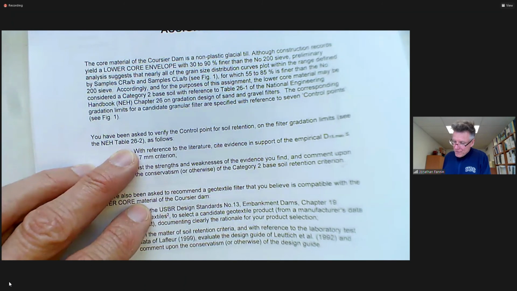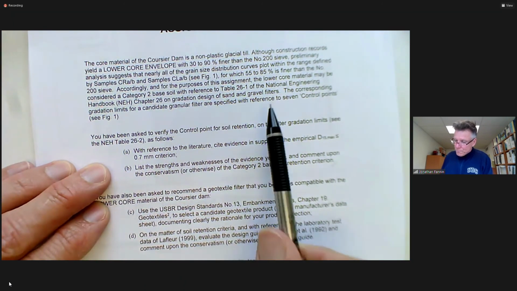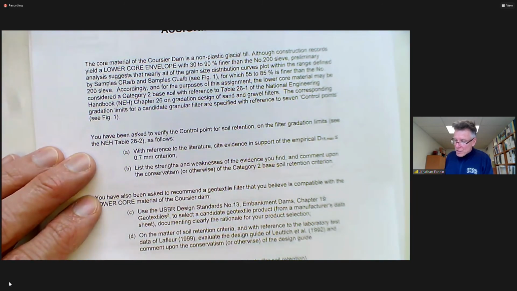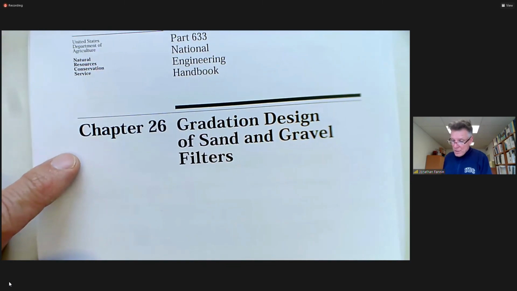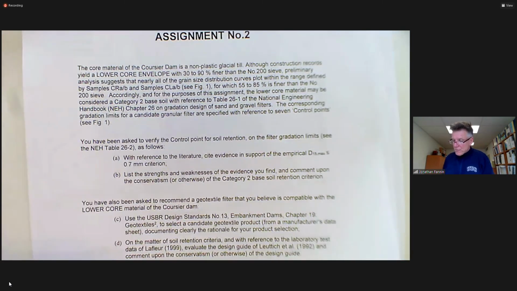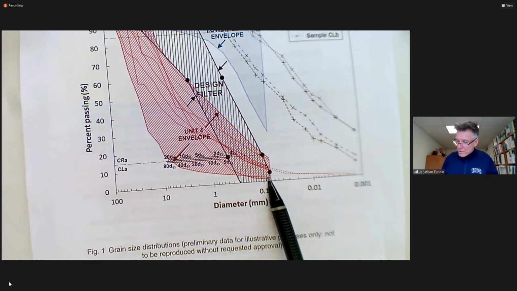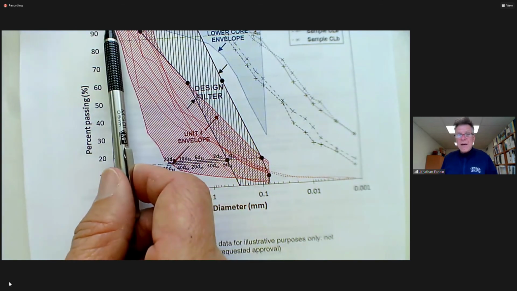The granular filter is specified with regard to 7 control points in this particular document. It's a US document. And those 7 control points for the granular filter would be these ones: 1, 2, 3, 4, 5, 6, and 7.